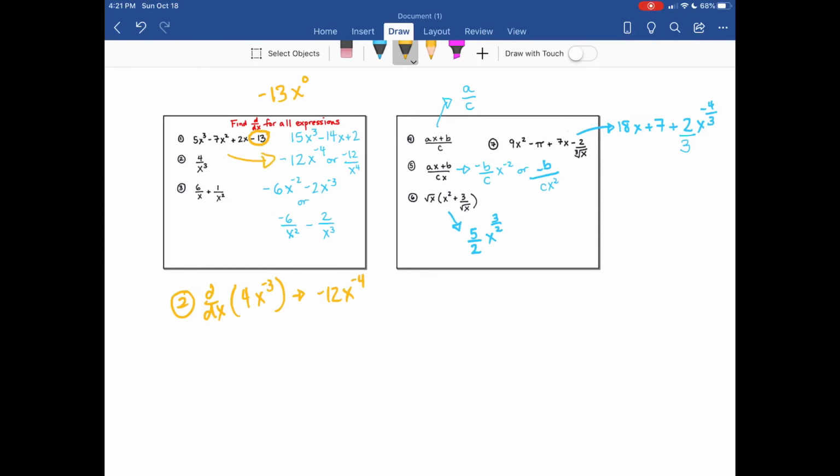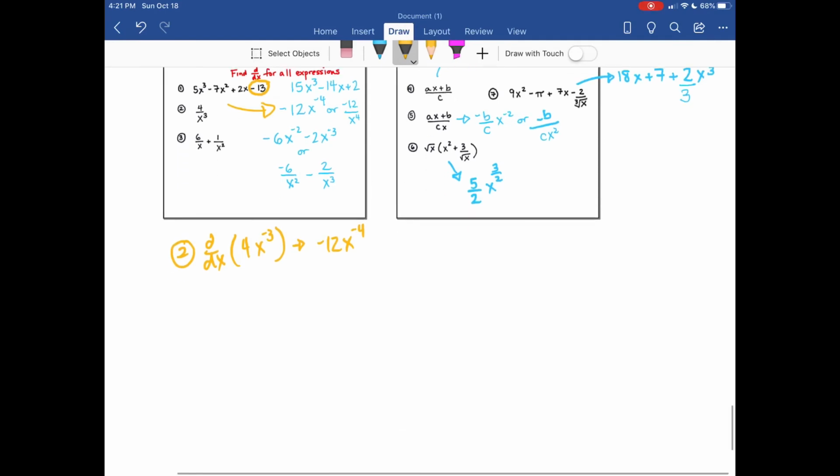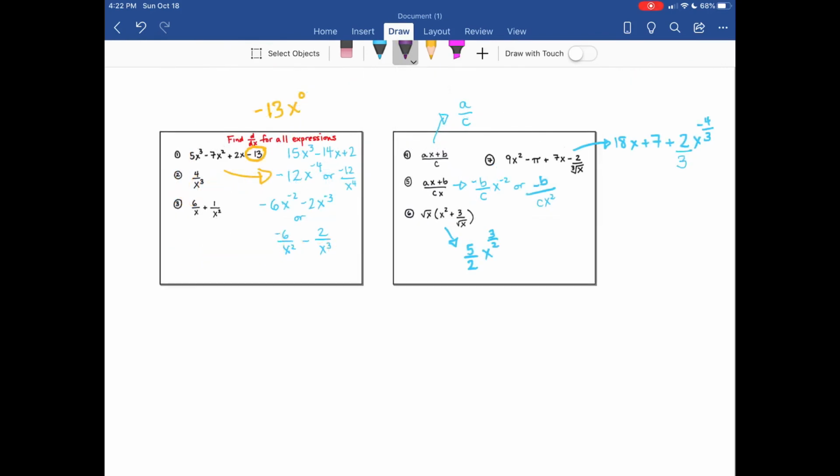You can have it as a negative exponent, or we could rewrite it with a fraction. And then you'll see that 3 takes on that same idea. We would rewrite that so that they were both in exponential form, and then we could apply the product rule accordingly.